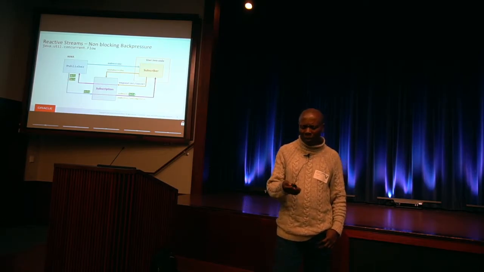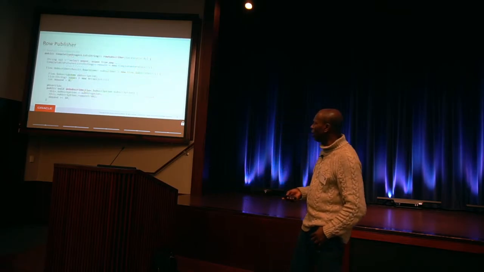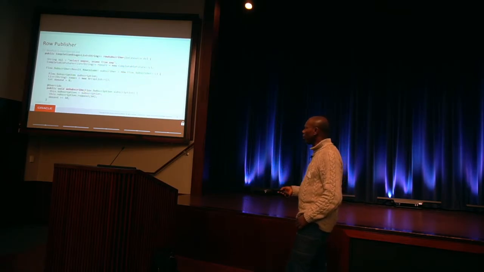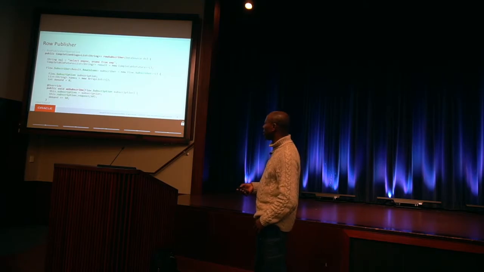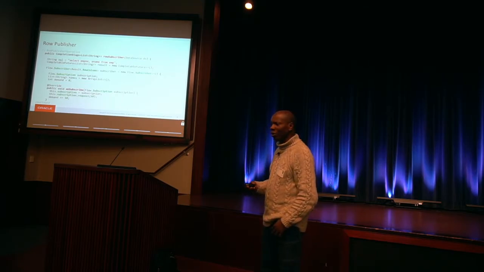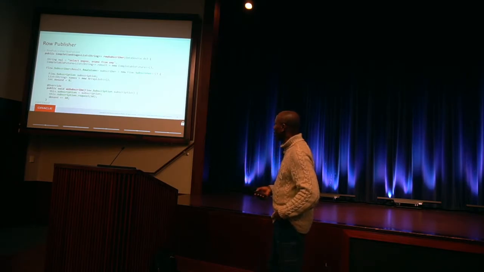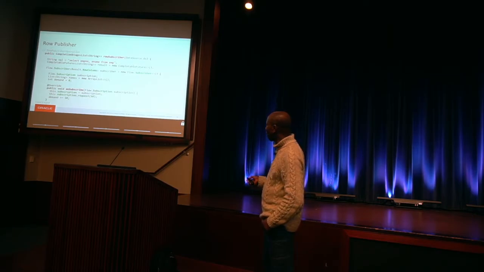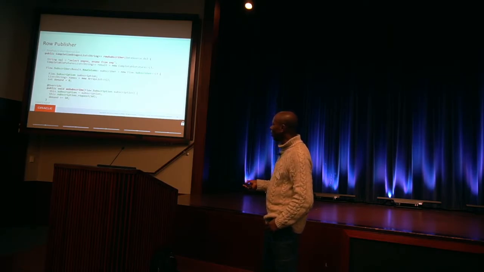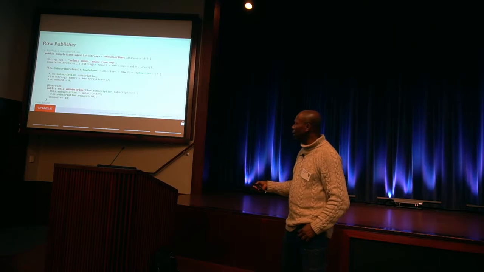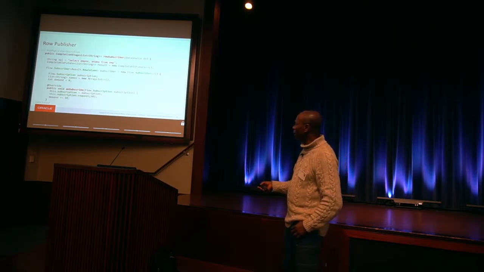So we're going to use this to support a row operation. We call it row publisher, but it's how to consume rows or results of a query in a non-blocking back pressure support manner. Okay, so we have a data source, we have a query, select empno, ename from emp.